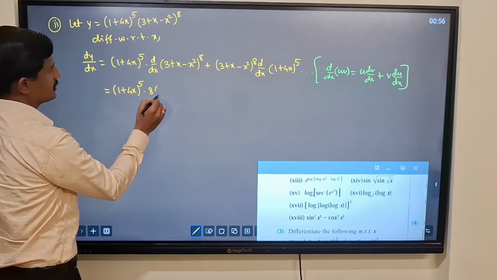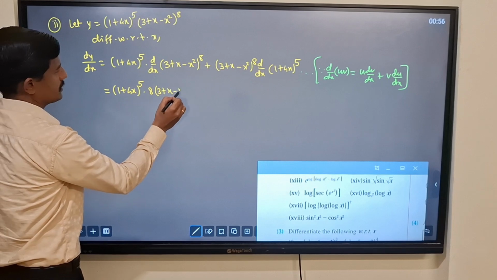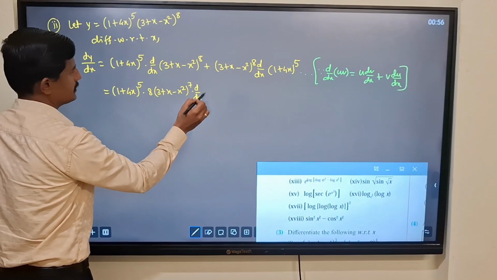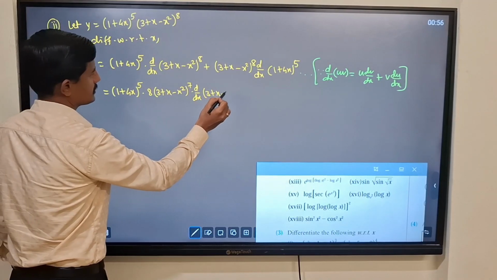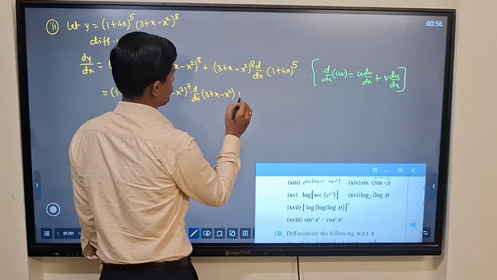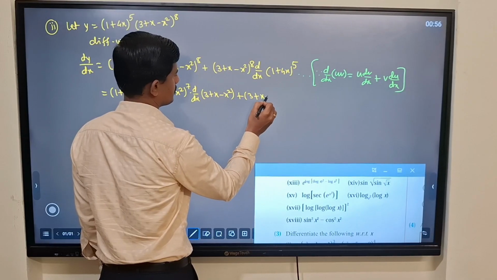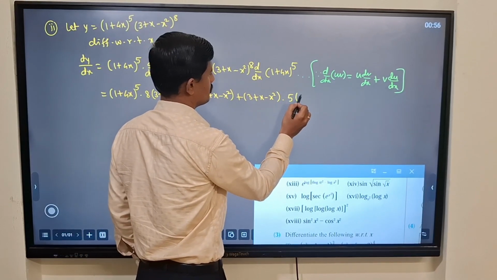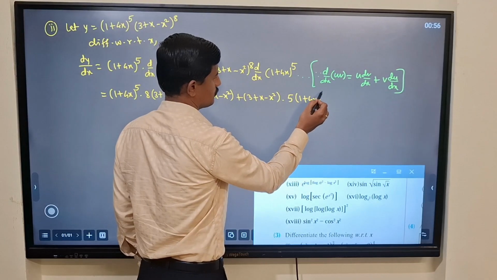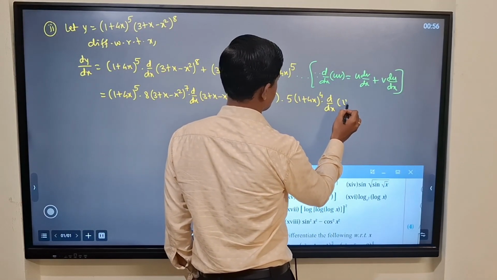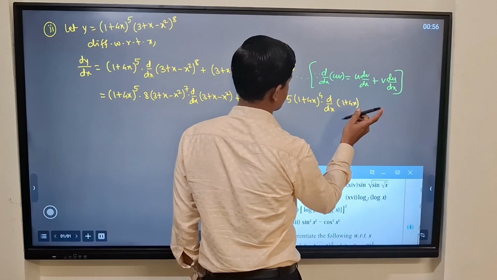Okay, now (1 + 4x)⁵. Differentiation of this is 8(3 + x − x²)⁷ d/dx of (3 + x − x²), plus (3 + x − x²)⁸. Differentiation of this is 5(1 + 4x)⁴ d/dx of (1 + 4x).